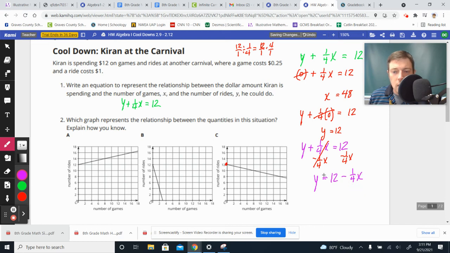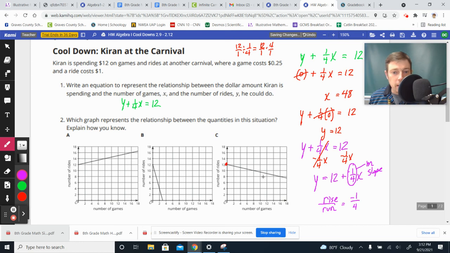So in this equation, y is by itself, and the number that's in front of my x, which in this case is a negative 1/4, is my slope. This is my m, or my slope. And what that tells me about the graph is that I'm going to have a rise over run ratio of down 1 over 4.